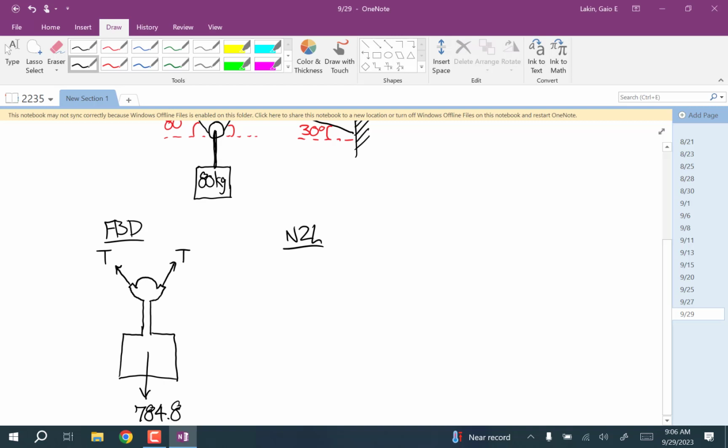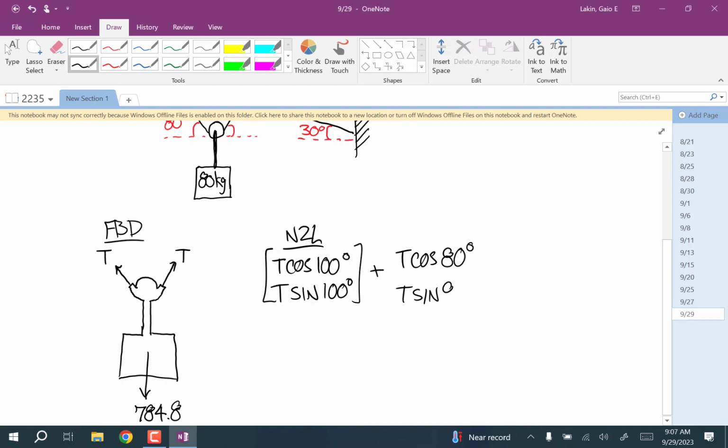So this is going to be T times the cosine and sine of 100 degrees, that's for the one on the left, and then plus T times the cosine and sine of 80 degrees, and then plus 0, negative 784.8 is equal to zeros.